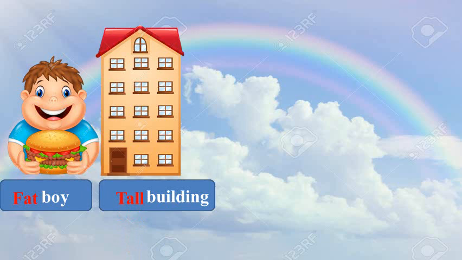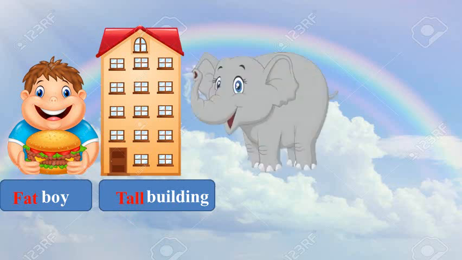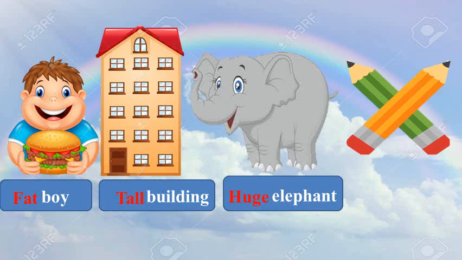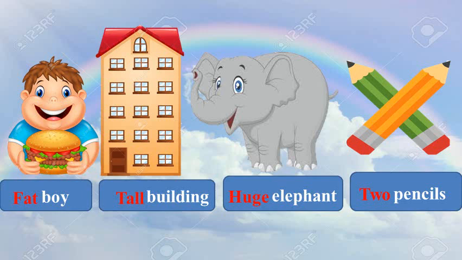So tall is an adjective which is describing the noun building. Elephant. Huge elephant. Huge is an adjective which is describing the noun elephant. Pencils. Two pencils. Two is an adjective which is describing the noun pencils.